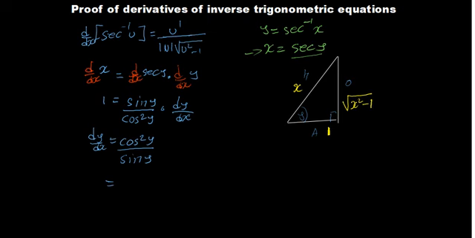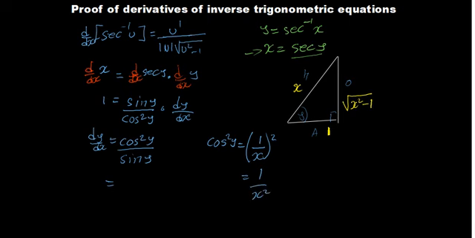So we're talking about cos squared y. The numerator is equal to adjacent over hypotenuse. What's our adjacent? Our adjacent is 1 divided by our hypotenuse, which is x squared. So what do we get? We get 1 over x squared.